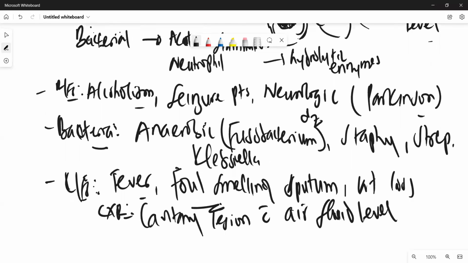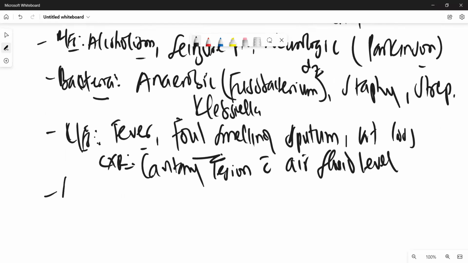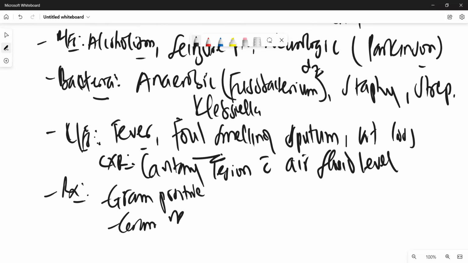Okay. And then when we talk in terms of the treatment, you want to cover them for gram positive, right? You want to cover them for gram negative, right?